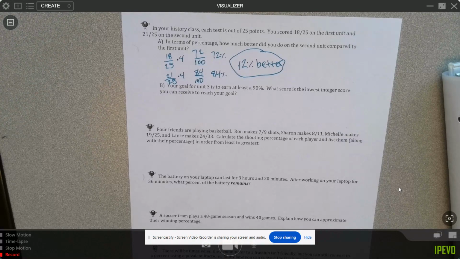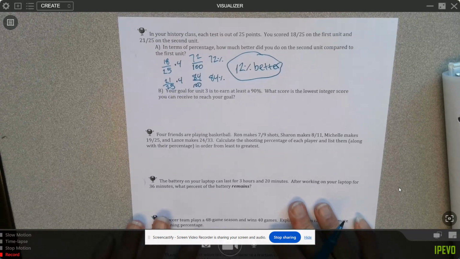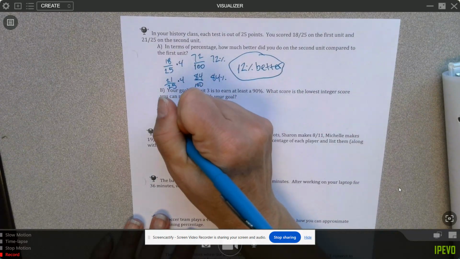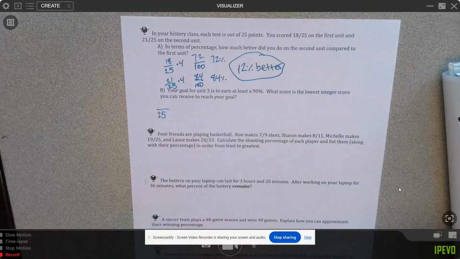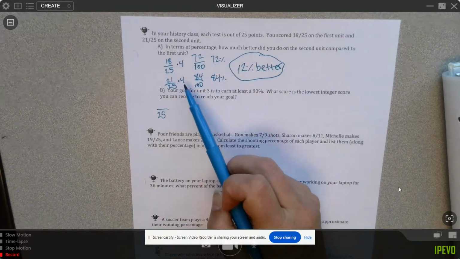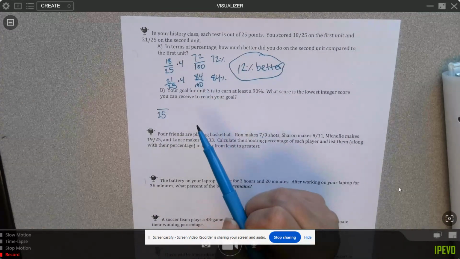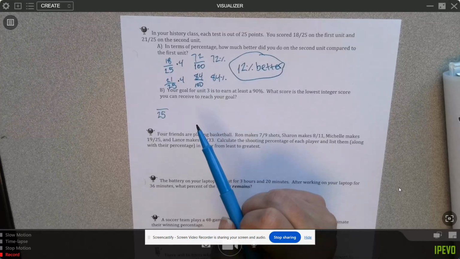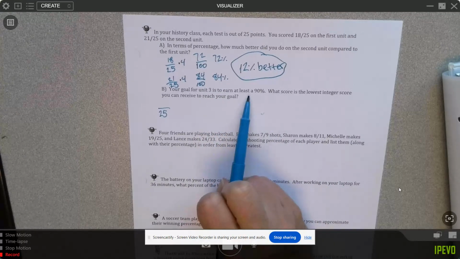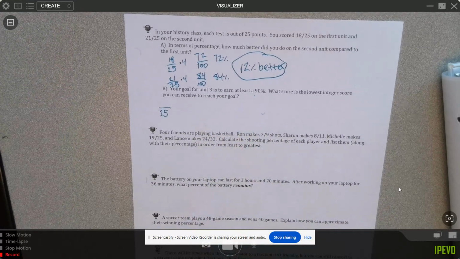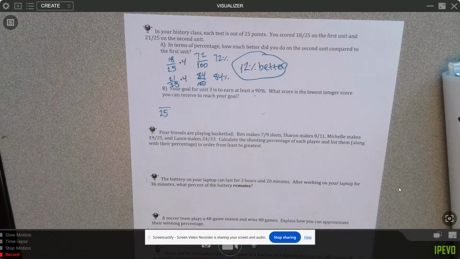Then it says your goal for Unit 3 is to earn at least a 90%. What is the lowest integer score you can receive to reach your goal? Well, we know it's going to be out of 25. We know 21 is an 84%. How do you think we should figure out what 90% would be? What would you do, Mark?